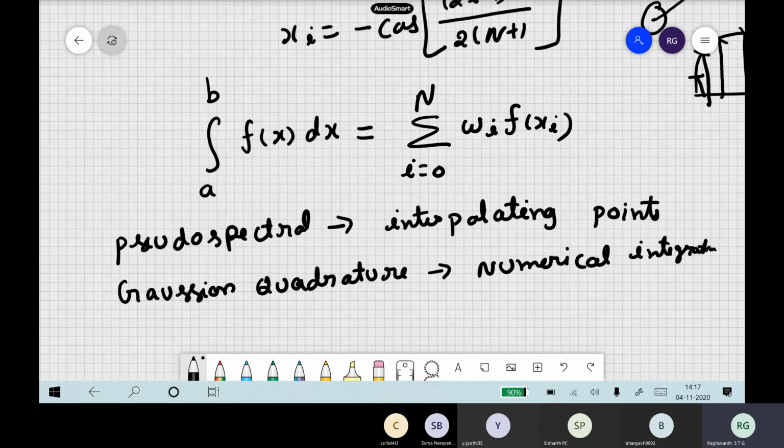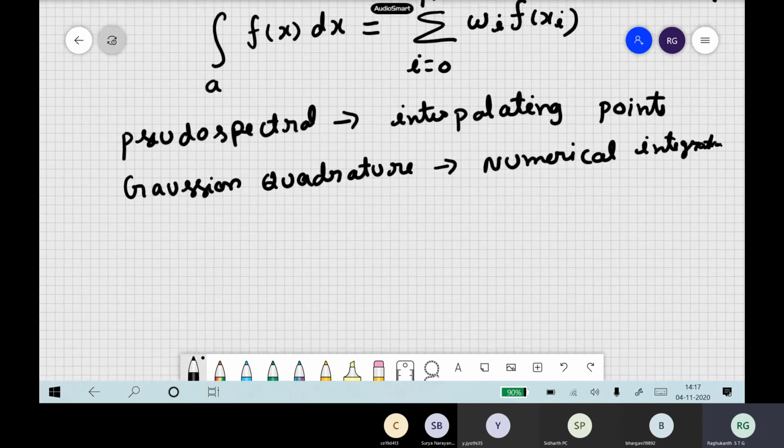That is perfectly fine, we write it like this. But what is the basic philosophy behind Gaussian quadrature? These are the roots of Legendre polynomials, and the weight functions. That is also fine. But what is the great advantage you get in Gaussian quadrature? I am just asking the basic philosophy.